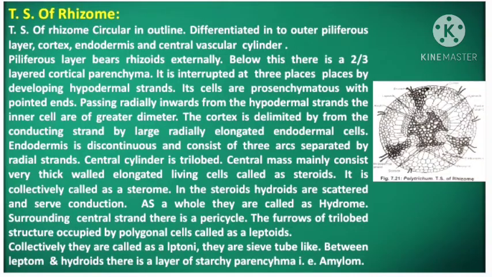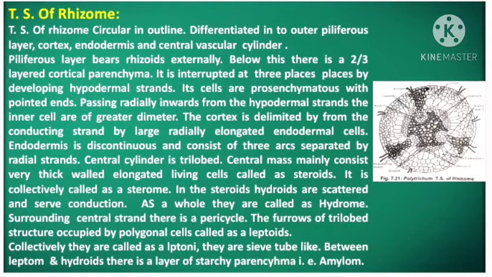Now we will see the internal structure of the rhizome. It can be studied by taking a TS of the rhizome. The section shows a circular outline differentiated into an outer piliferous layer, cortex, endodermis, and central vascular cylinder. The piliferous layer bears rhizoids externally.